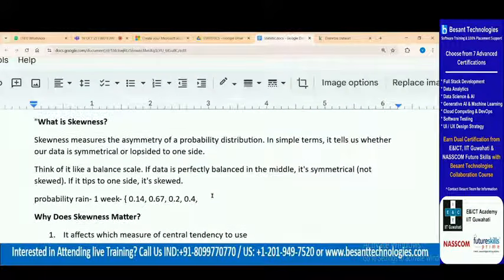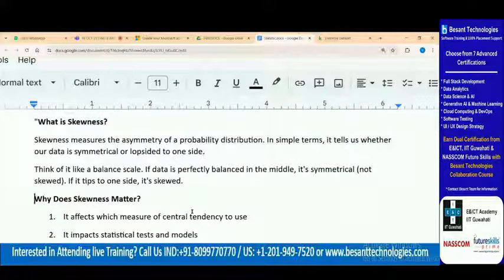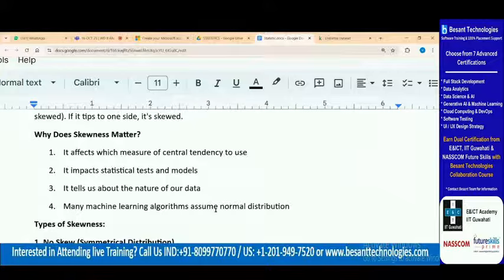Again, here you have to consider a few things. Why we have to consider skewness is that it always affects your central tendency. In a data set, if you're going to find a central tendency, we are not concentrating on skewness.